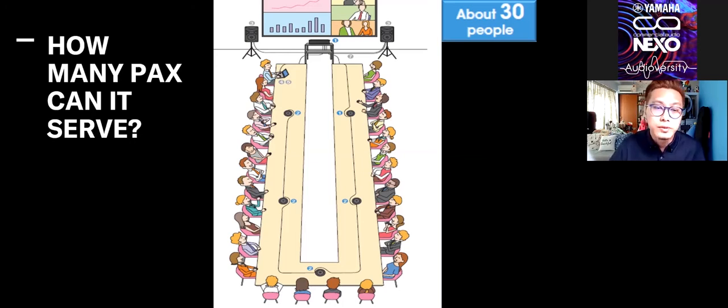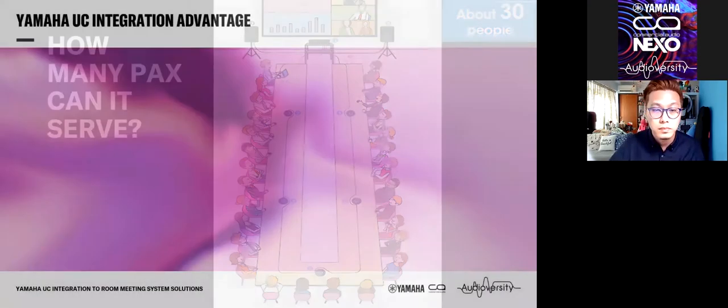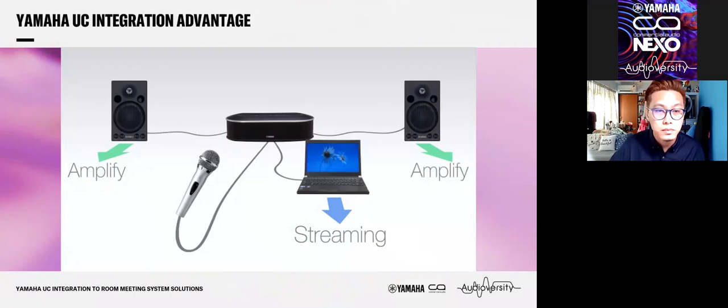Moving on, what is the advantage of this Yamaha UC integration? Over here you can see this diagram. Like I was mentioning earlier, it is connected to our Yamaha MSP3 and MSP5 series studio monitors.